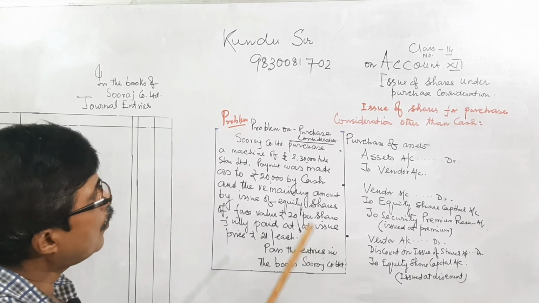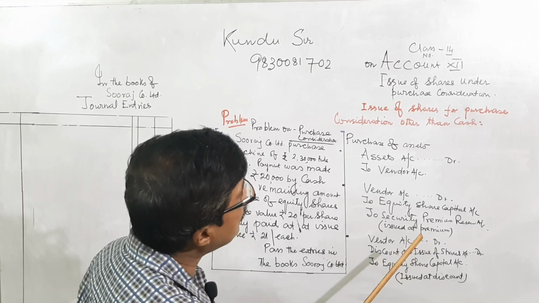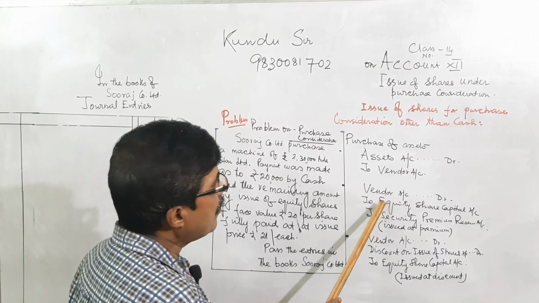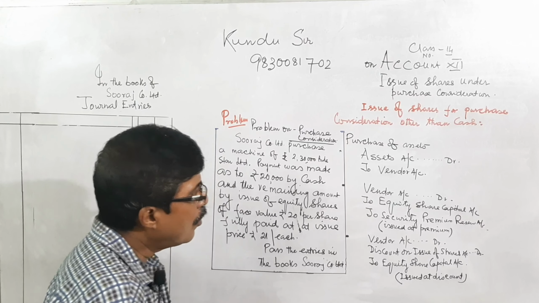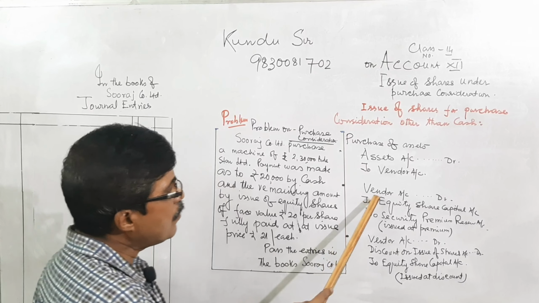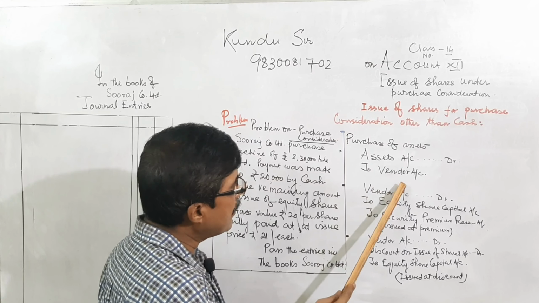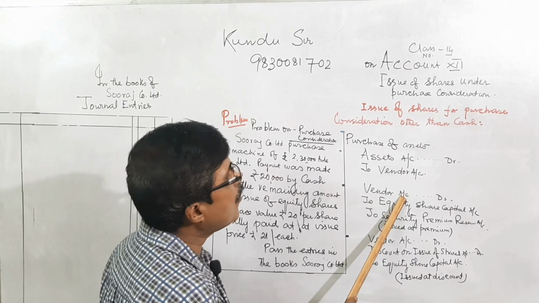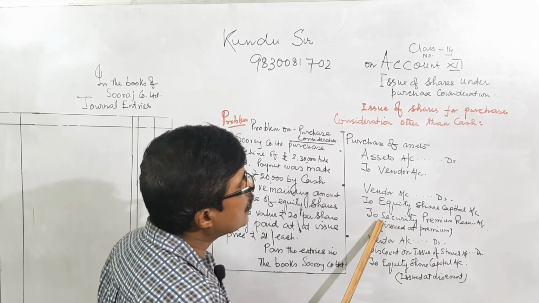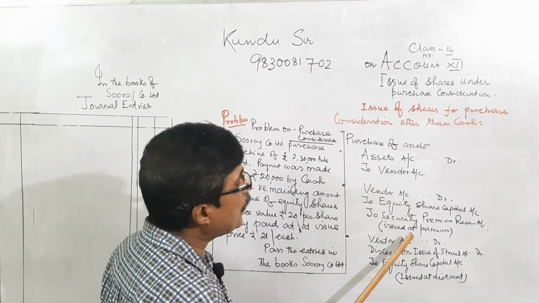But if we want to issue some shares other than cash, we can give them cash or shares. In this standard journal is given: when we are giving other than cash, we are issuing shares of that company, then vendor account will be debited to the extent it is already credited in entry 1, and by that amount it is to be debited in the second entry, and equity share capital and securities premium reserve account if shares are given of that company at a premium.